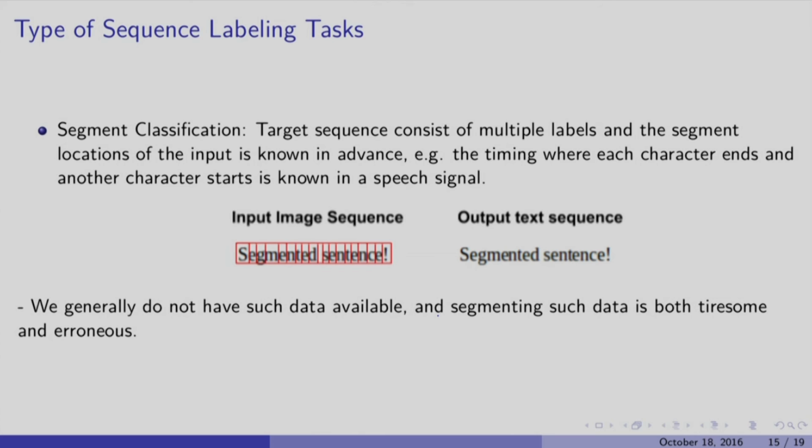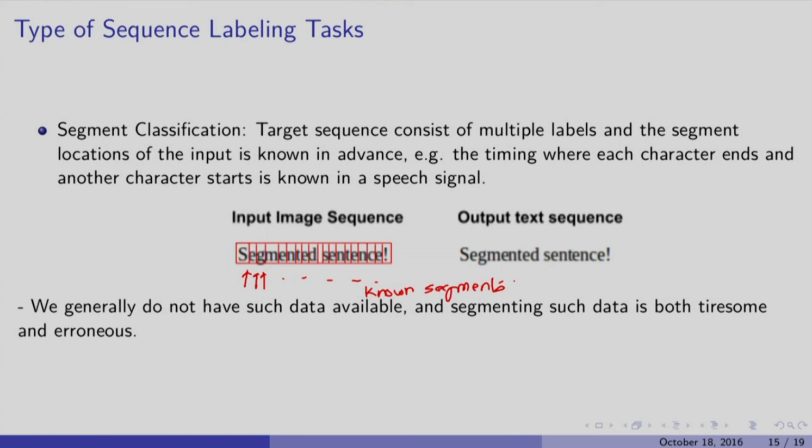So you are told that the segmented sentence on the input side has segments precisely coinciding with these square boxes as shown. These are known segments. And the output sequence therefore is based on the segments.